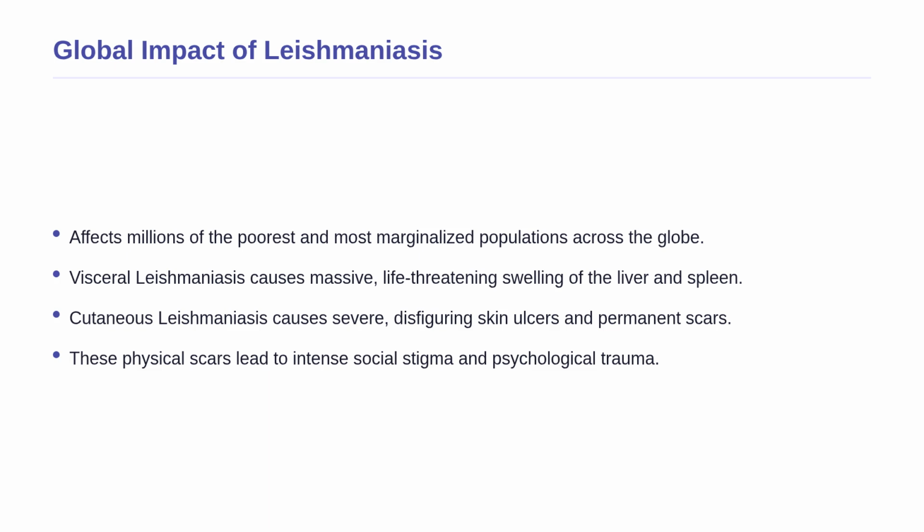If left untreated, it is almost always fatal. On the other hand, the cutaneous form creates severe, disfiguring skin ulcers. Even after healing, it leaves permanent scars that cause intense social stigma and psychological trauma. Public health officials must understand this spread to save lives.